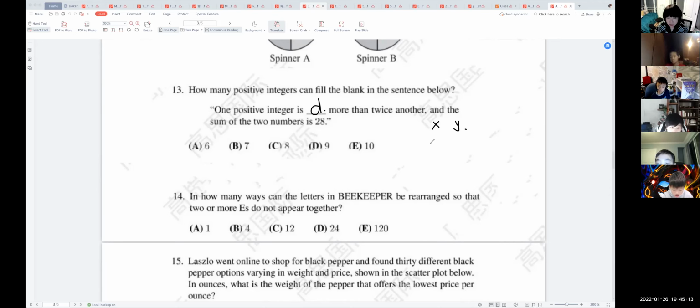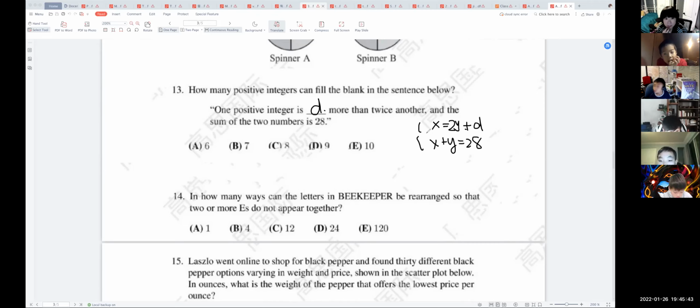So x equals 2 times y plus d, right? That is, one positive integer is d more than twice another. The second condition: these two numbers added together equal 28. So x plus y equals 28. Understand, everybody?